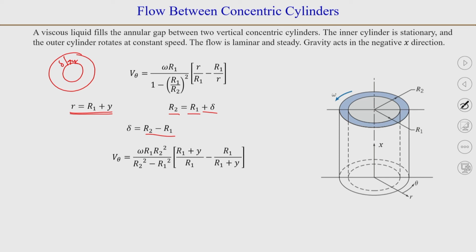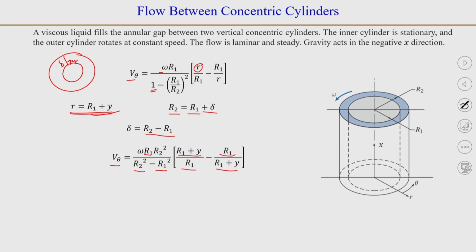So, when you substitute this in the expression for velocity, you will get v theta is equal to omega R 1 as it is. Now, we can simplify this. So, we can write this R 2 squared minus R 1 squared. Okay. The terms in the bracket, we will replace small r by R 1 plus y here. So, this will become R 1 plus y divided by capital R 1 minus R 1 divided by R 1 plus y.